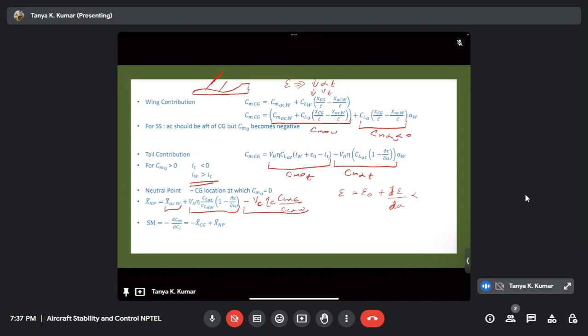Okay, then we saw static margin. What is static margin? Yes, it's the difference between the neutral point location and the CG location. It's also the negative of the dCm upon dCL, the slope. What is static margin? The equation is given here, but how do you define it? What is static margin? What does it tell you?